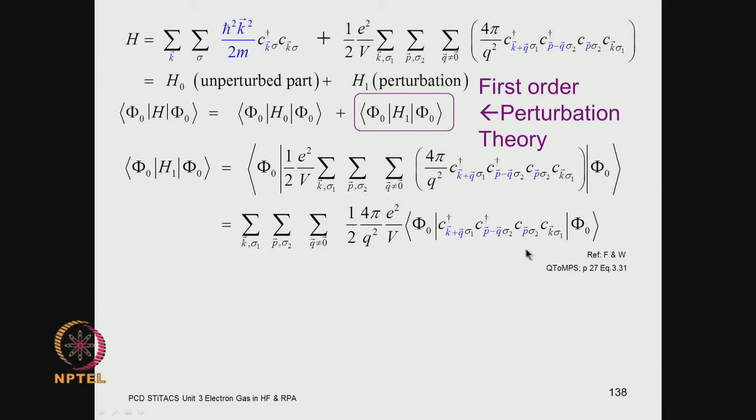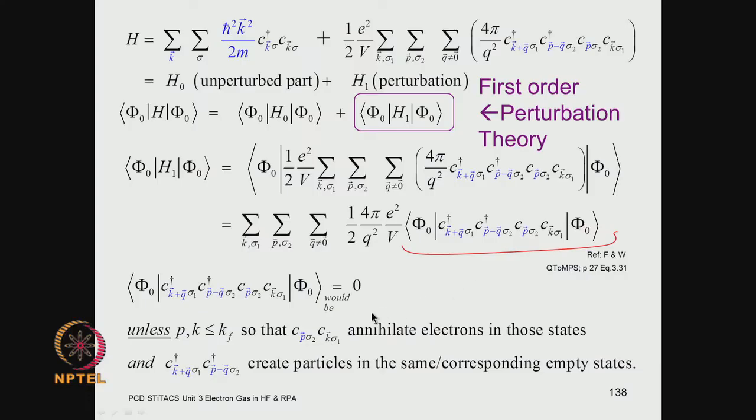So, you must destroy two particles from below the Fermi level and then create the corresponding two particles, otherwise you will get a 0 contribution from this matrix element. This is simply because you cannot destroy a particle unless that state is filled, and you cannot create a particle unless that state is empty.